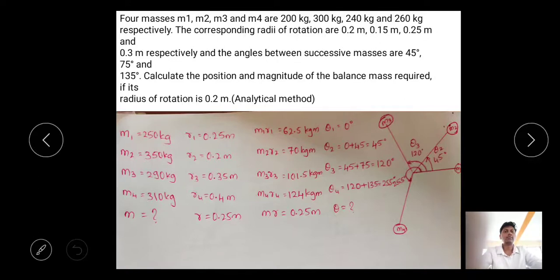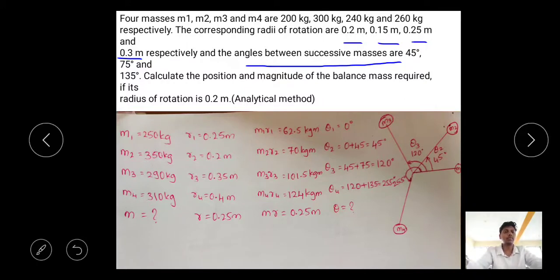Now in the next problem we are taking today, it is given four masses m1, m2, m3 and m4, 200, 300, 240 and 260 respectively, corresponding to radii of 0.2, 0.15, 0.25 and 0.3, and the angles between the successive masses are given.